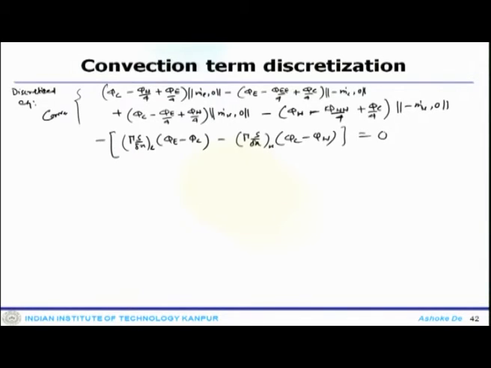So, eventually the compact equation will look like A c phi c plus A e phi e plus A w phi w plus A w w phi w w plus A e e phi e e, which is 0.